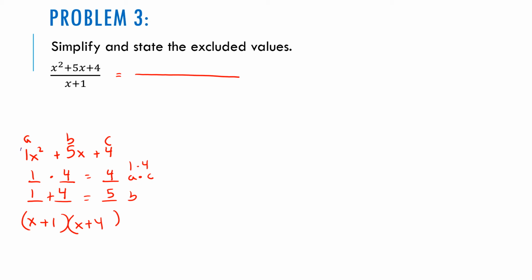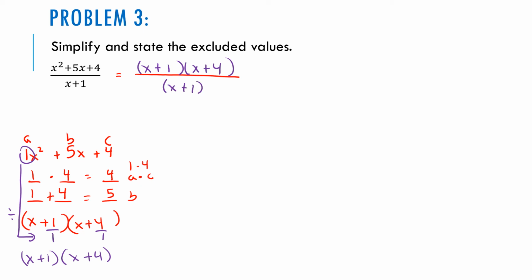Once again, don't forget to divide by your a. So 1 divided by 1 is 1. 4 divided by 1 is 4. And so on the top, I will now have (x plus 1)(x plus 4). In the denominator, I'm going to have my x plus 1.